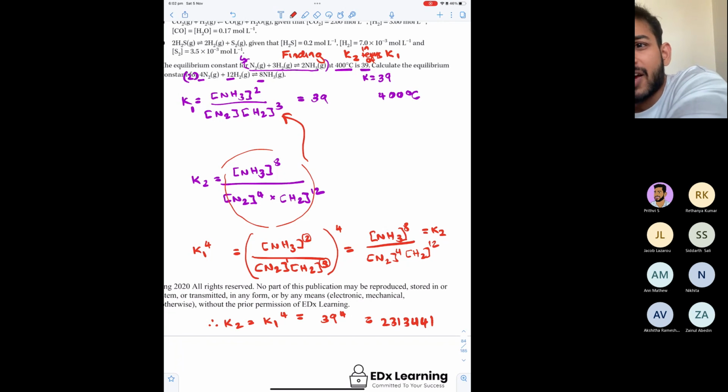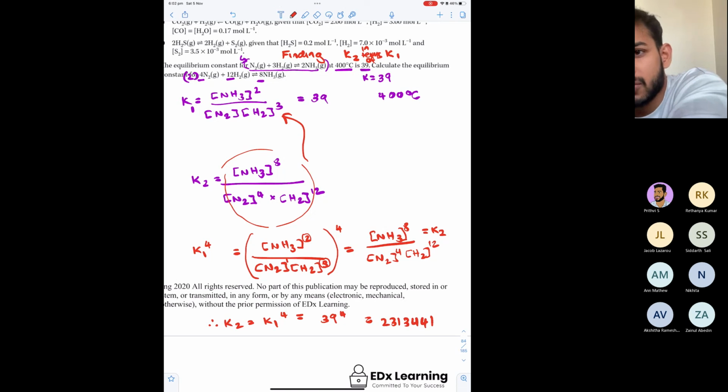Okay, so now my question to all of you. Where does the equilibrium position lie for equation 1 versus equation 2? Which one has an equilibrium position that lies to the right, or more to the right? K2. Exactly.